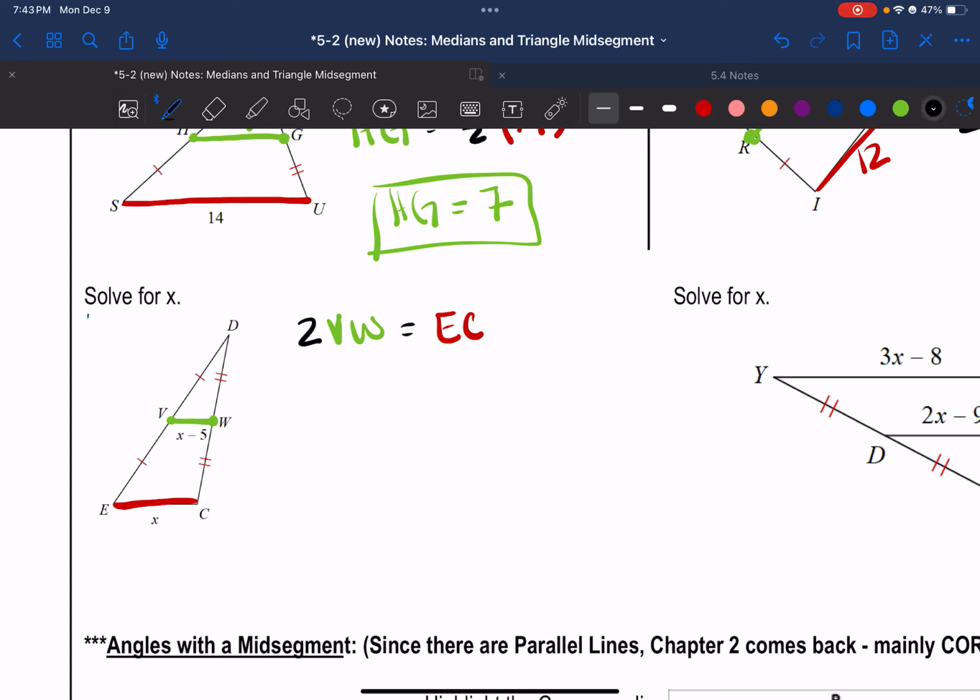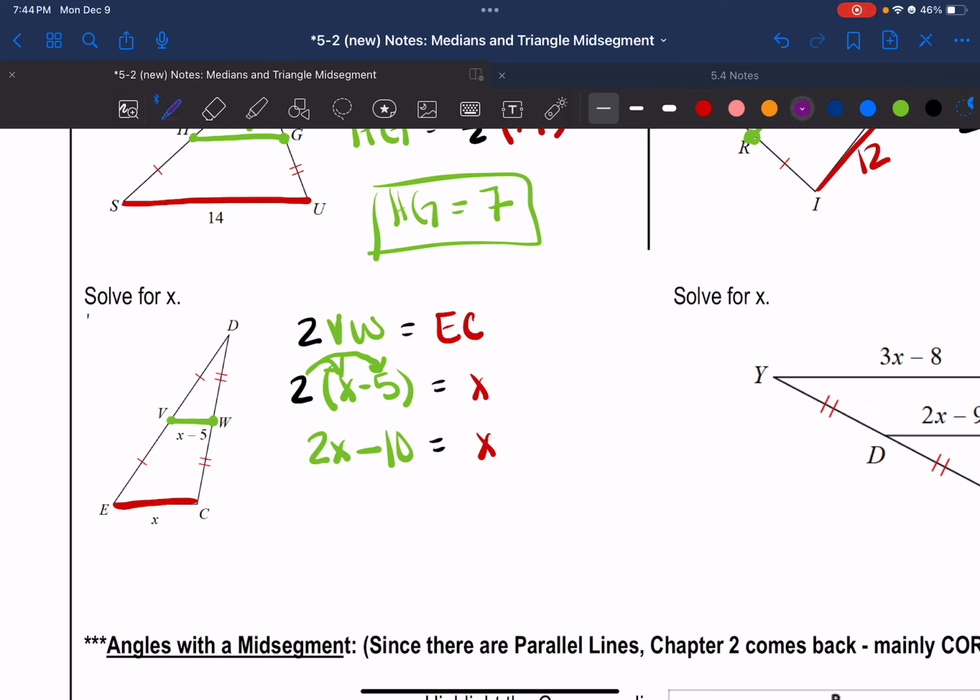If I don't put that x minus 5 in parentheses, then we won't get this 10 over here and we won't get an answer. Subtract 2x from both sides, I have negative 10 is equal to negative x. And my last thing is to divide by negative 1. So x equals 10.